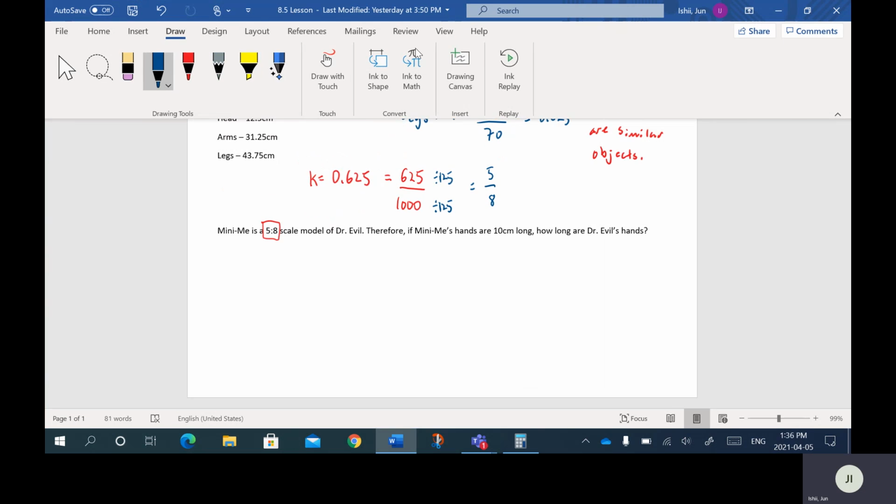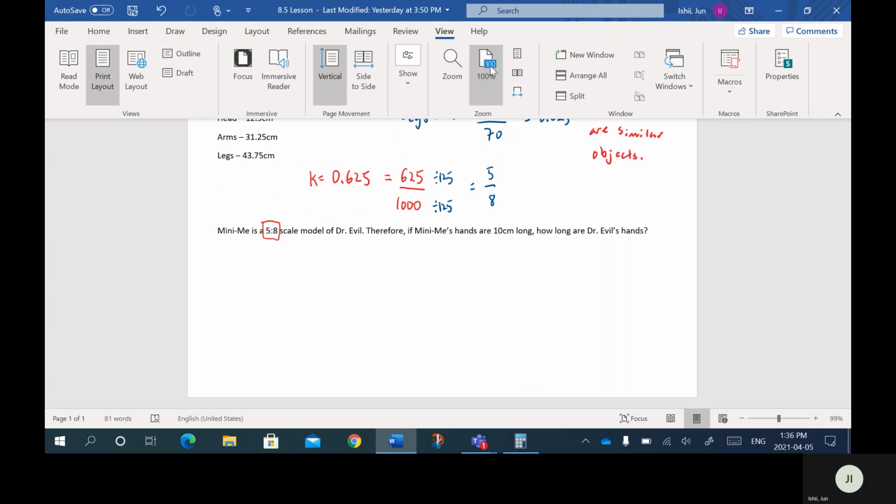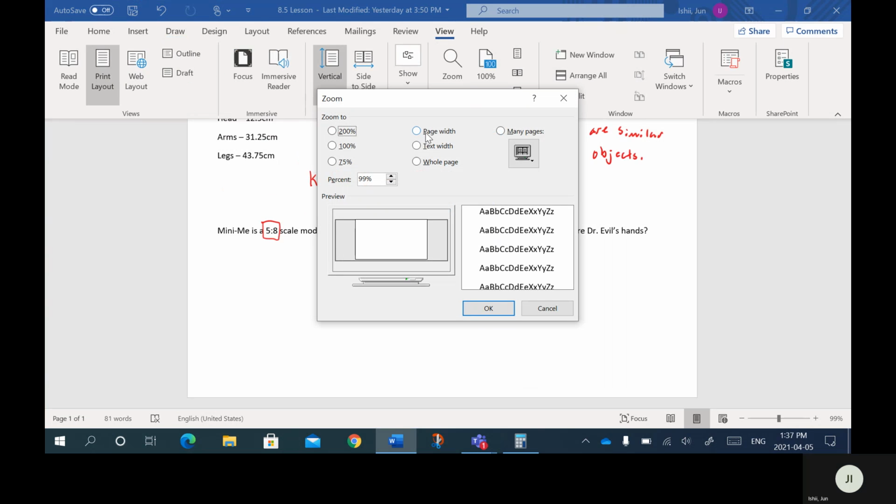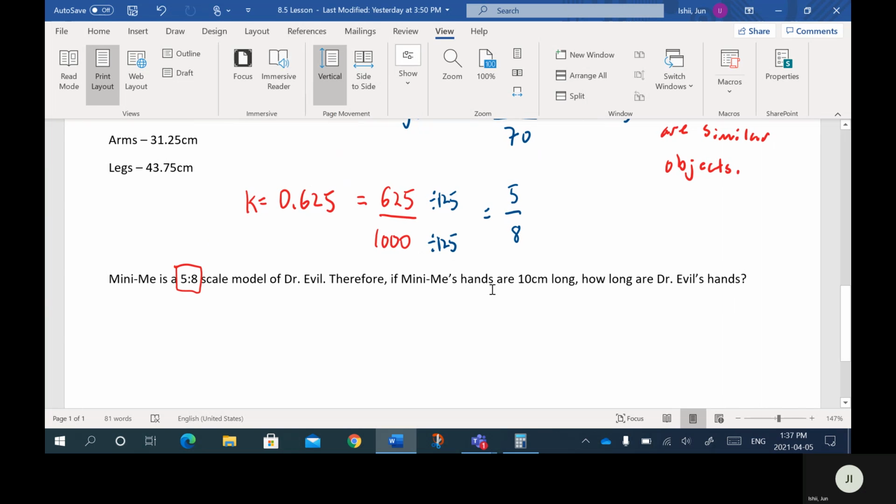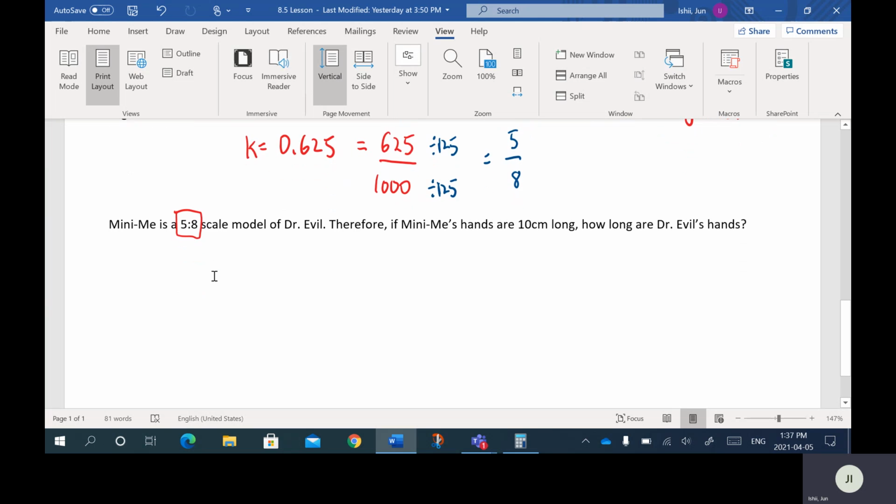So the scale factor of 0.625, when I convert it to a fraction, 625 over 1,000, I can reduce to 5 over 8. So that's how we get the scale. It's a 5 to 8 scale.